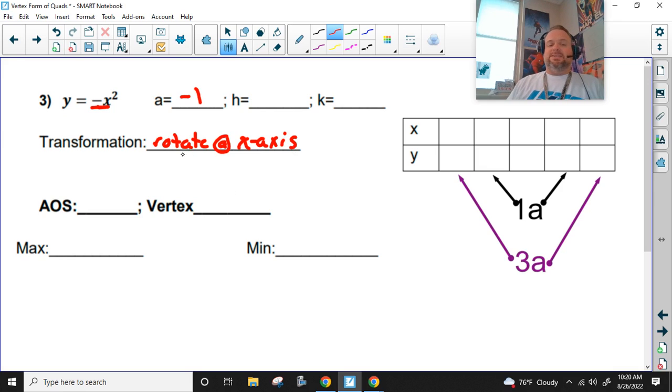That also tells us because our A is negative, our minimum is negative infinity. What's our H value? 0.